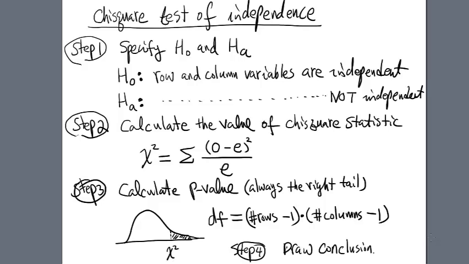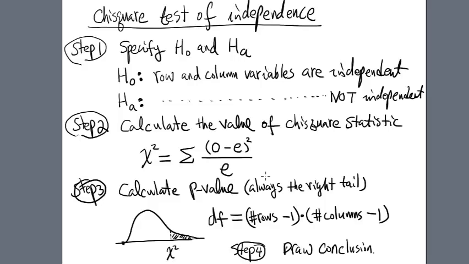Step 3, calculate the p-value. Keep in mind the p-value is based on the chi-square distribution. The chi-square distribution almost always starts at the 0 point, and the degree of freedom is calculated as the number of rows of the table minus 1 multiplied by the number of columns of the original data table minus 1.